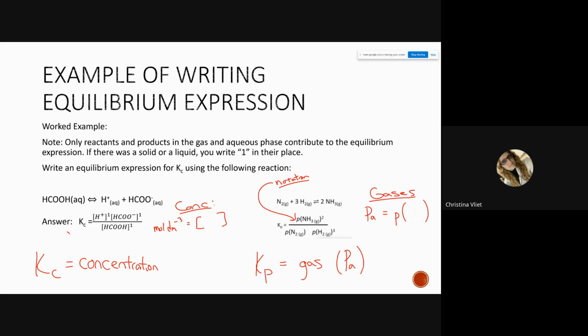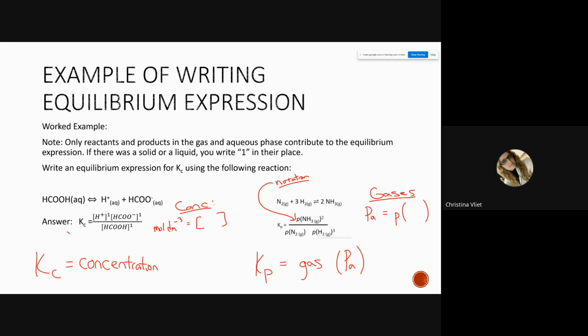No, it would just be brackets. So the notation for concentration is brackets. The notation for pressure is P with parentheses. I think it's good enough to change from brackets to parentheses to say concentration versus gas, but I've looked at a lot of mark schemes and they always have a little P there.